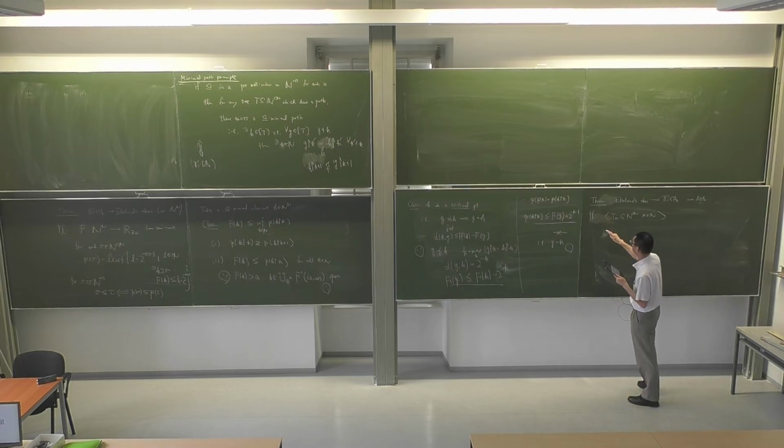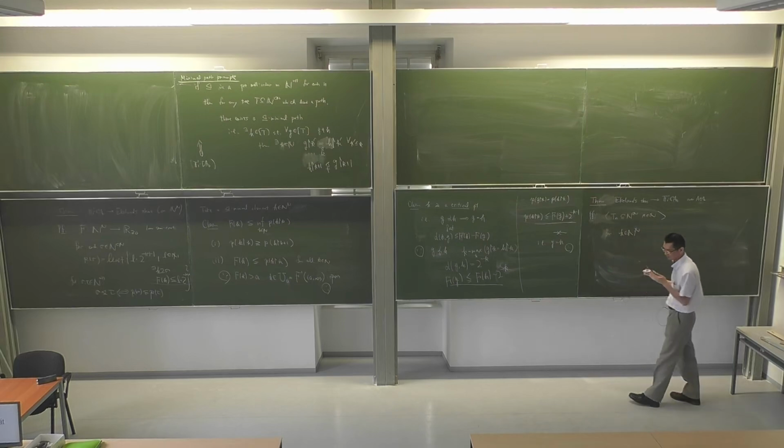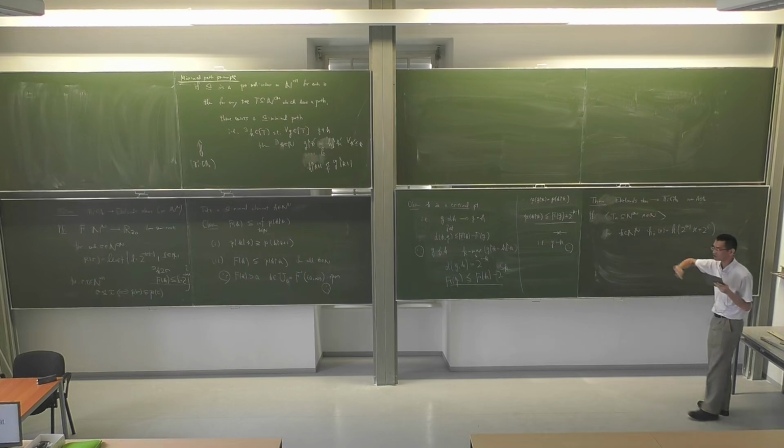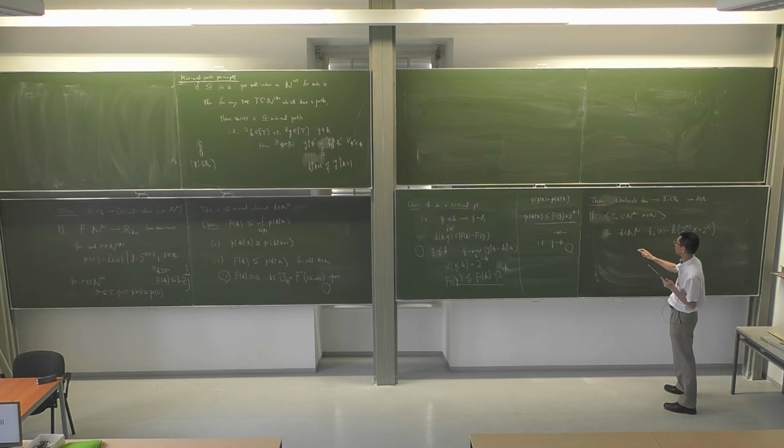So for given H, a member of Baire space, we will consider H sub I as H of 2 to the I plus 1 times n plus 2 to the I. In other words, H is just the Turing sum of all H sub I.